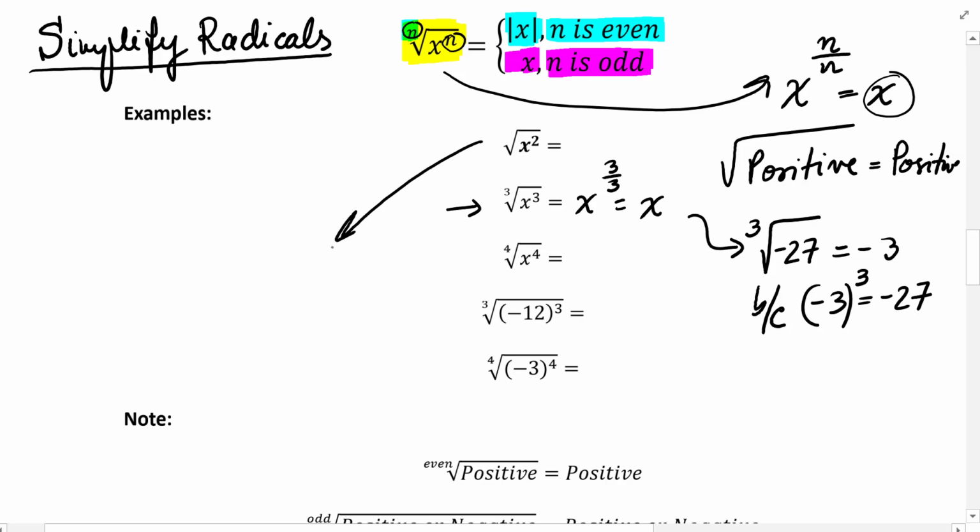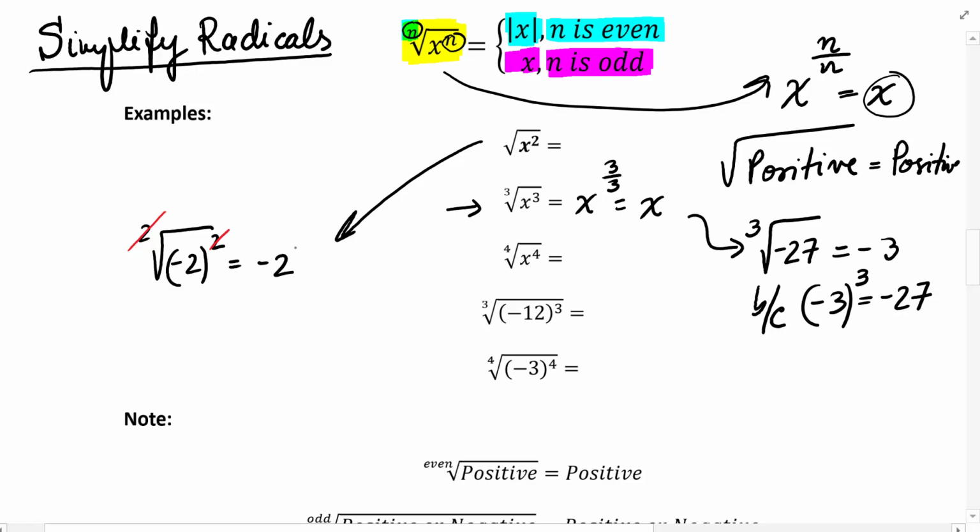While if we talk about the square root, for example, of negative 2 to the second, well, we cannot just cancel the index and the exponent and say negative 2, because we know that the square root of a positive number is going to be a positive number.